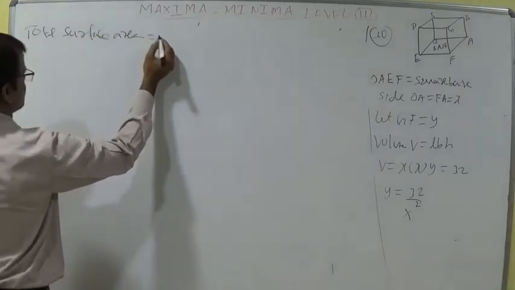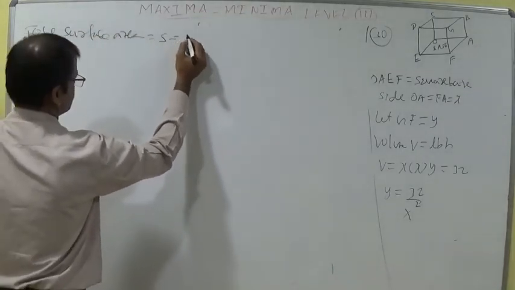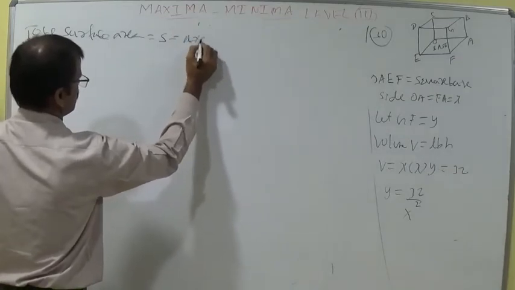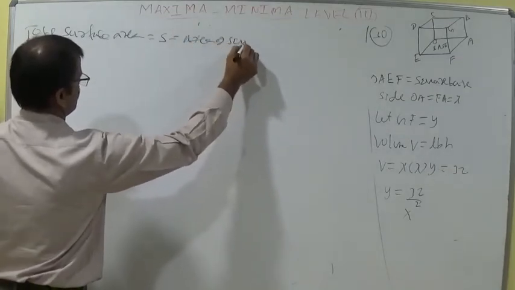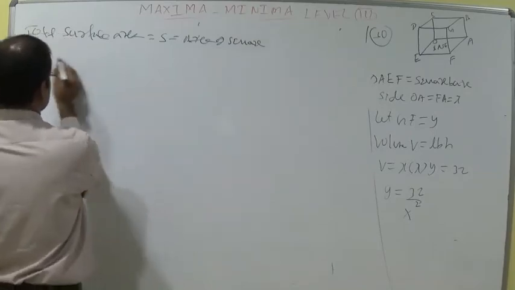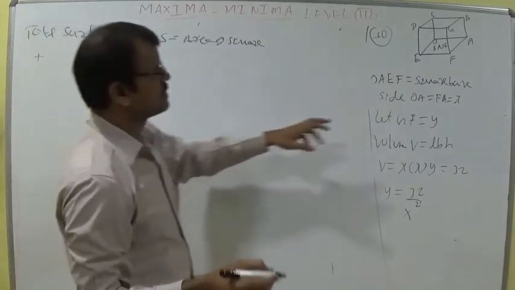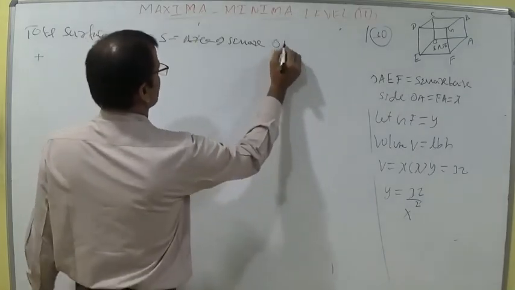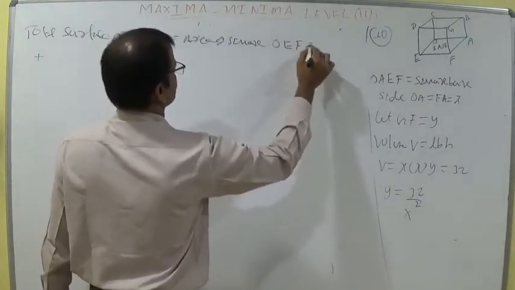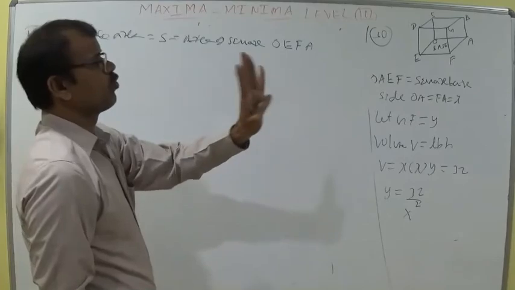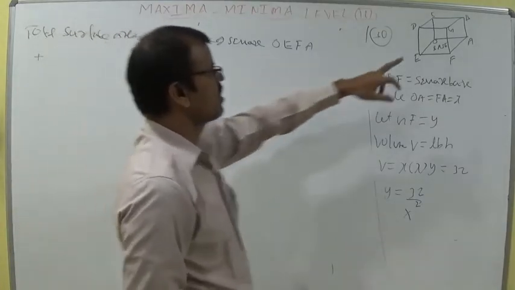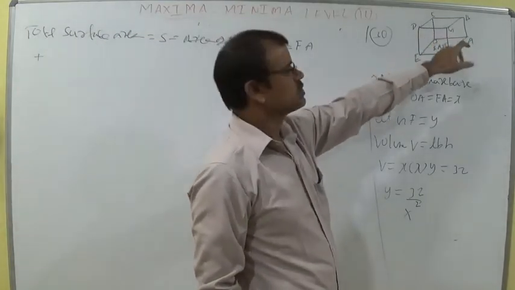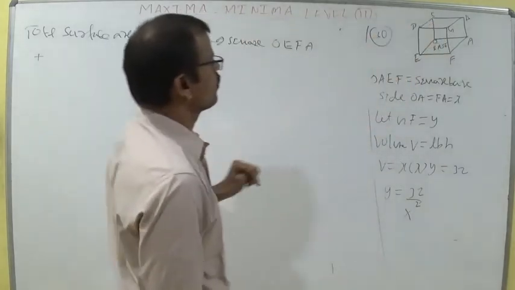Total surface area S is equal to area of the square base OEFA plus 4 rectangles. Try to understand, this is not a closed box, this is open. So there are a total of 4 rectangles.